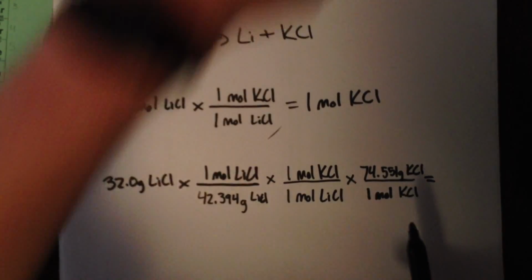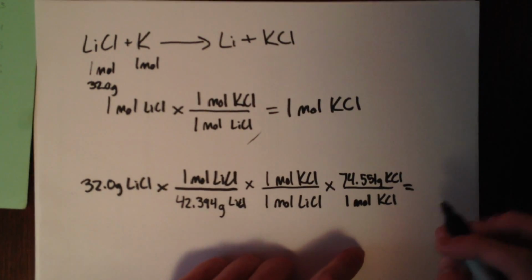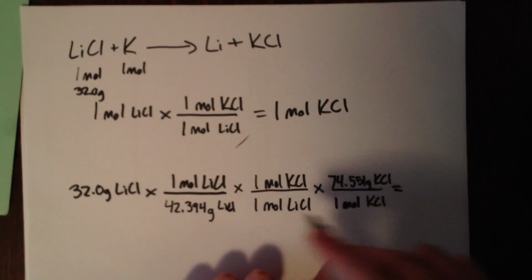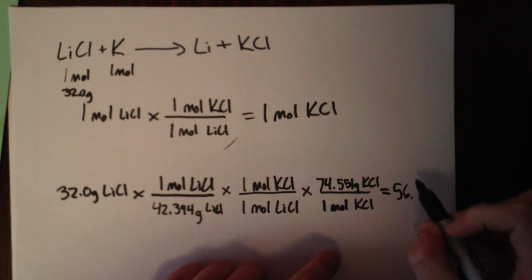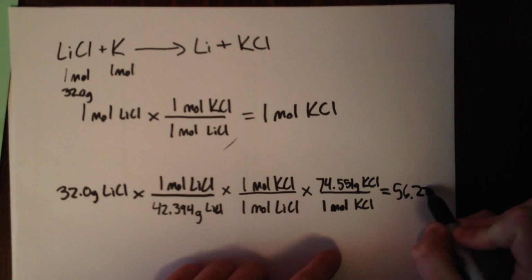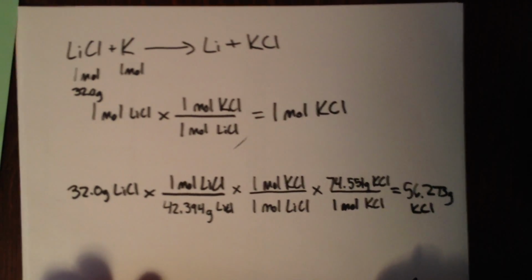And once you multiply and do all that math, you multiply it all the way through, you get a total of 56.273 grams of potassium chloride. Fairly straightforward.